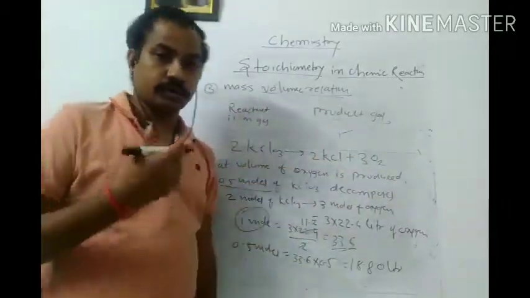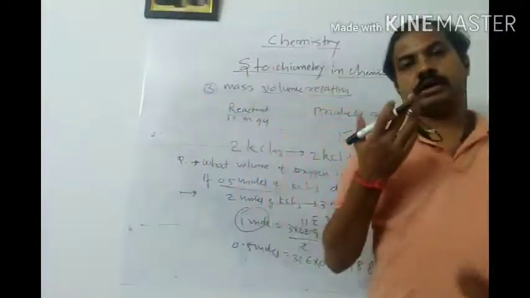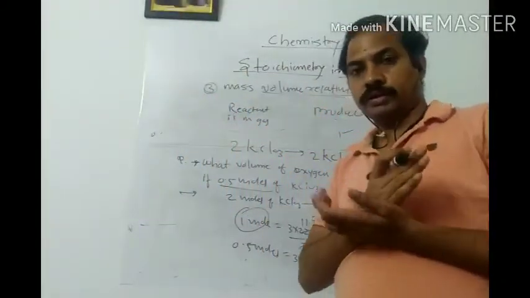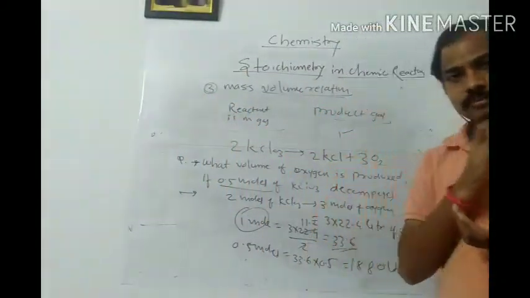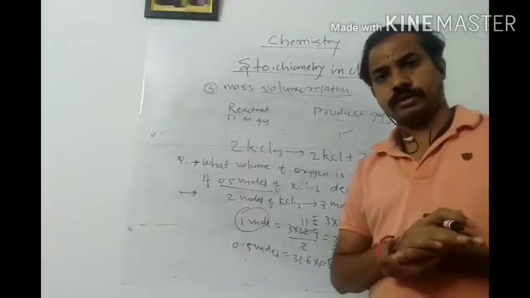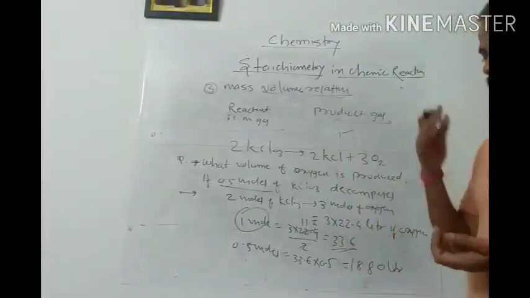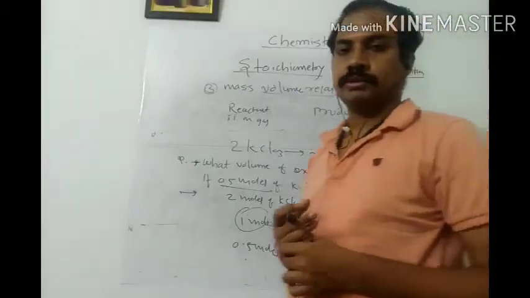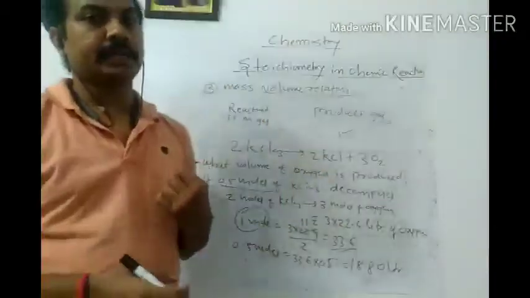Okay, now what will happen if the number of moles of reactant 1 and reactant 2 is also given? Here we have to use another important concept that is known as limiting reagent and excess reagent.